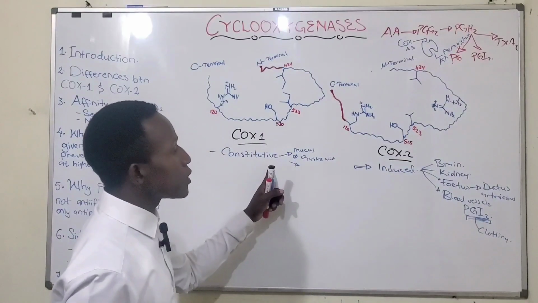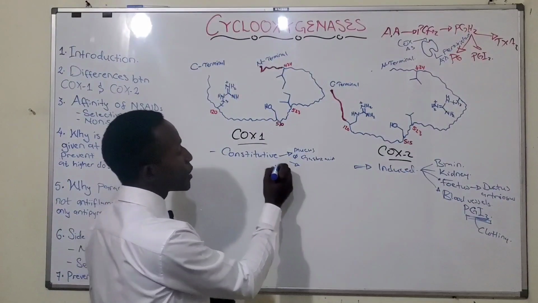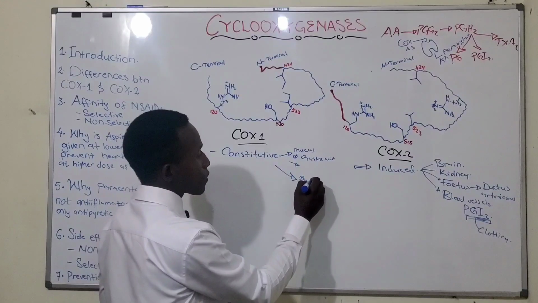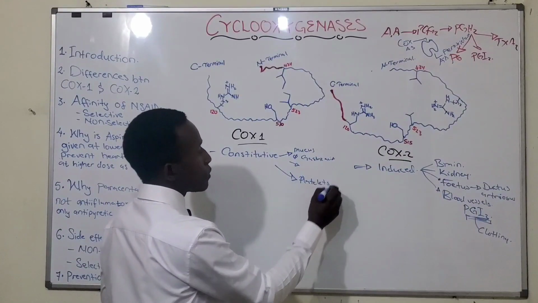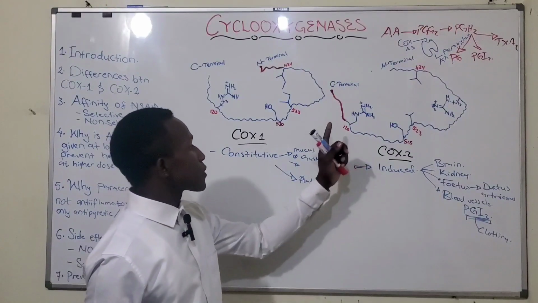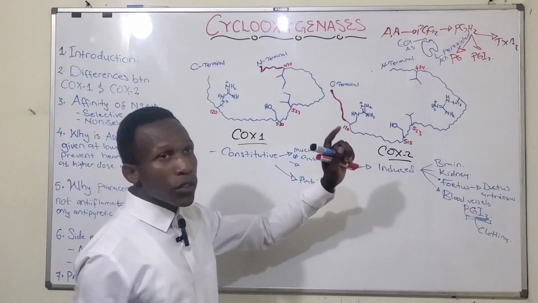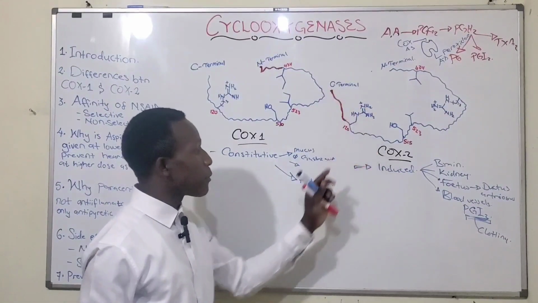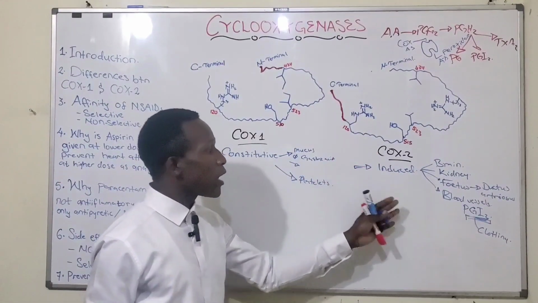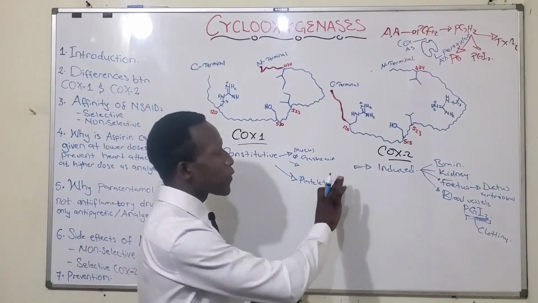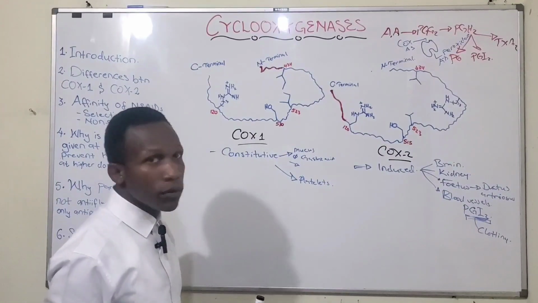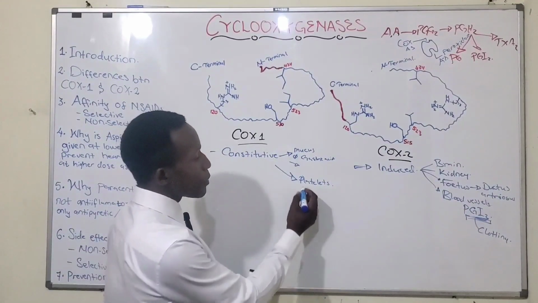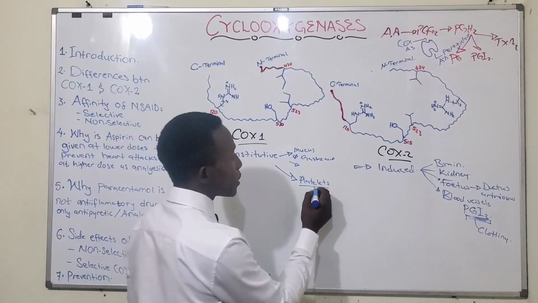But for COX1 in platelets, remember we said that all the tissues have COX enzymes, but the further enzymes for the production of further prostaglandins are different in the different tissues. For example, in platelets, it has COX, but mainly COX1.